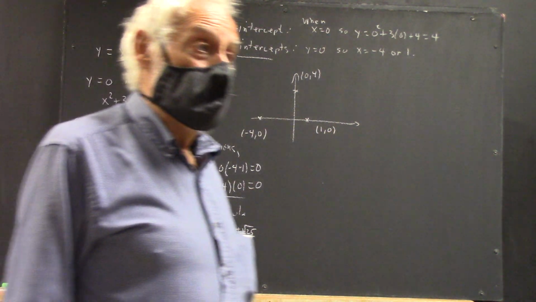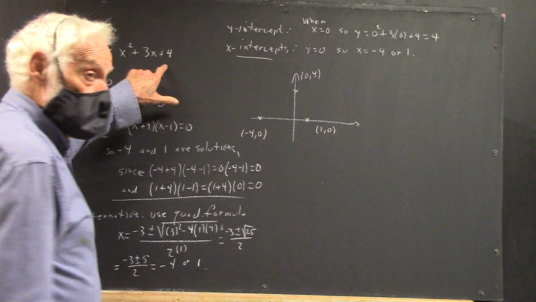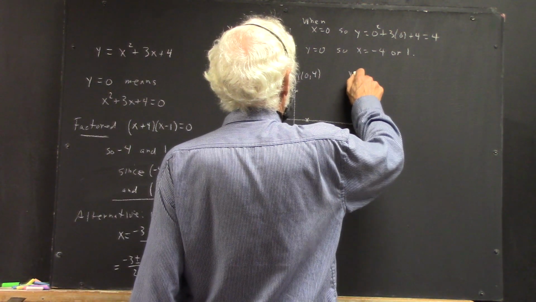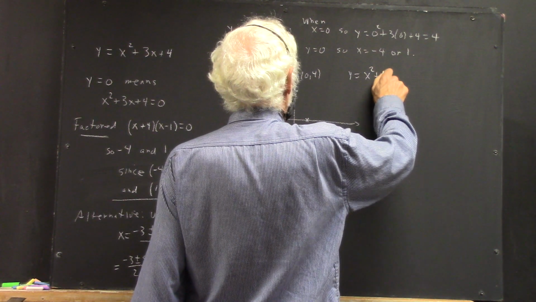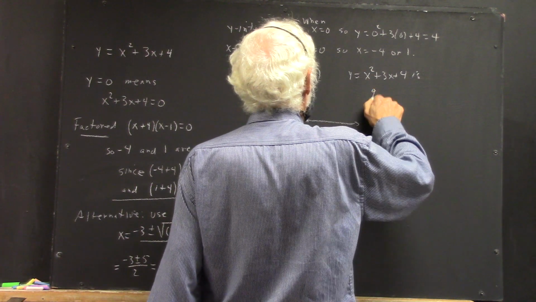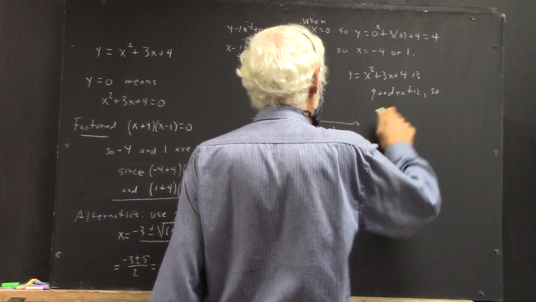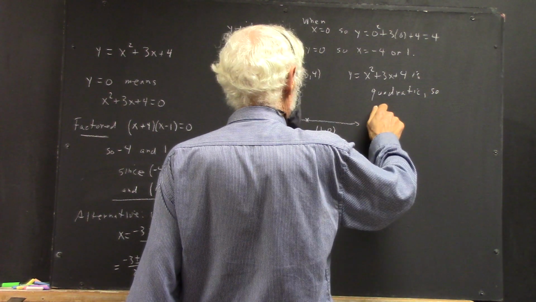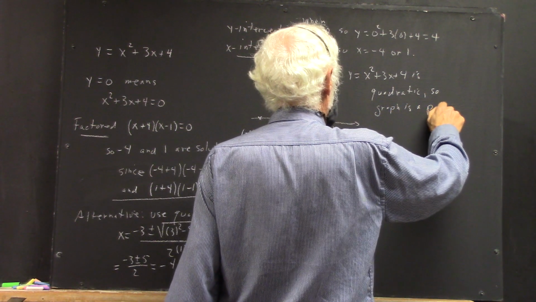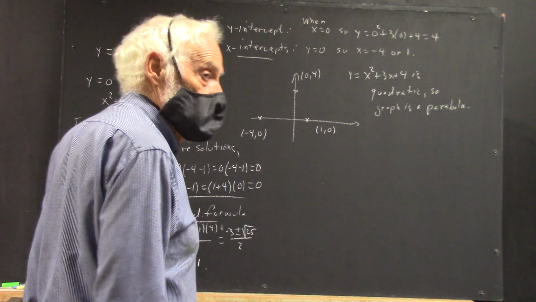The graph is a parabola because this is quadratic, okay? The graph is a parabola.